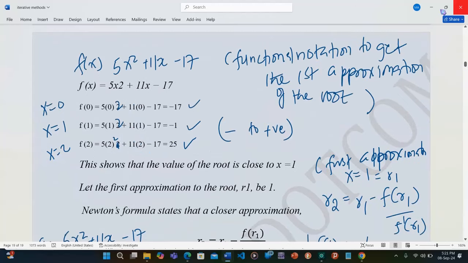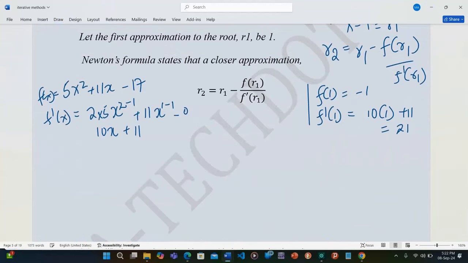So what are we going to do? We are saying f of R1 is equal to negative 1, and f prime, the first derivative at x is equal to 1, is 21. So we substitute in that formula. Therefore, our R2 will be R1, which is 1, minus f of R1, which is negative 1, divided by 21.